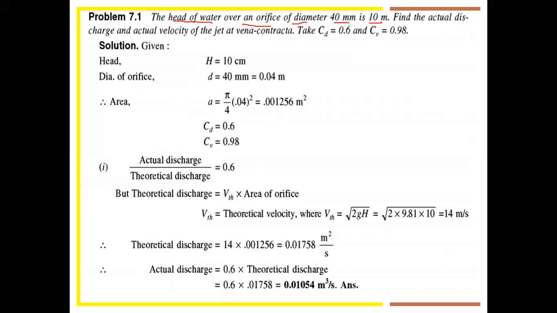The head H is 10 meters, measured from the center of the hole up to the water surface in the tank. So let us take this as a 40 mm diameter orifice.